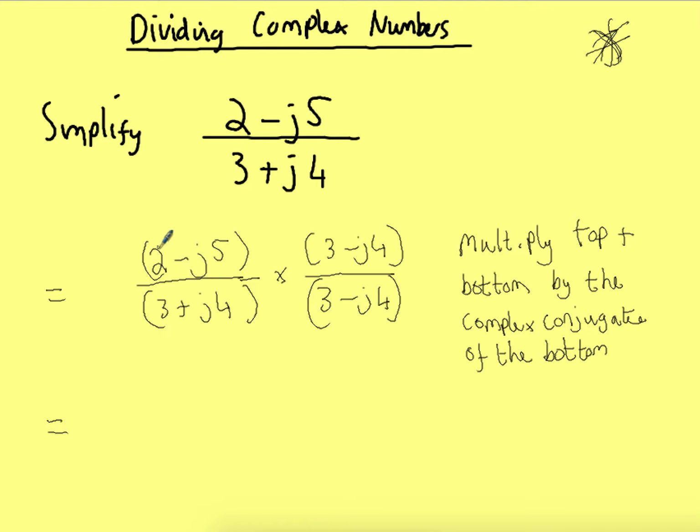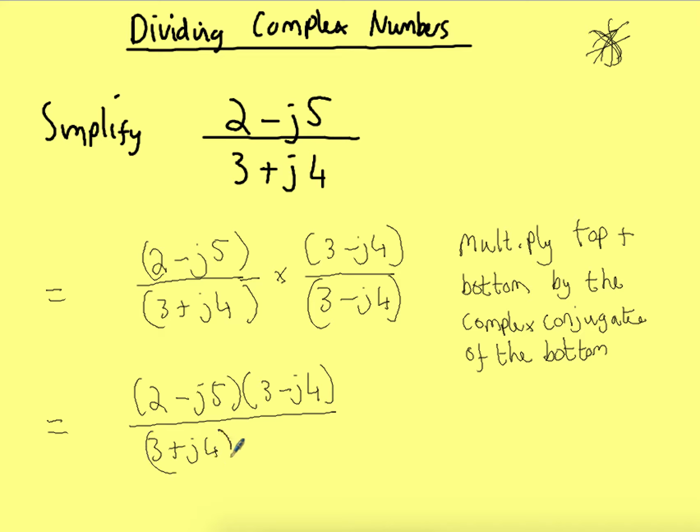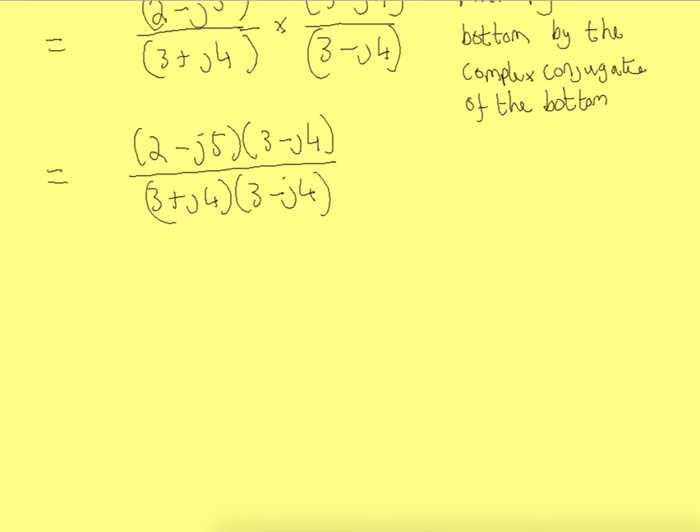So we just multiply out the brackets. So what I'll do is I'll just write them next to each other. Right, so we just multiply everything together.